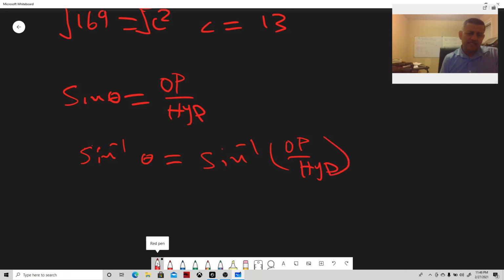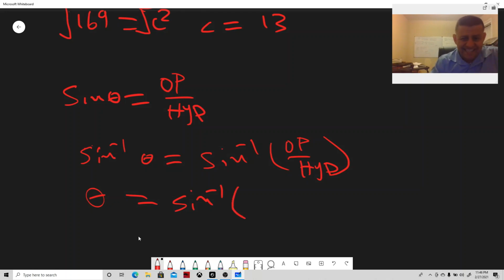This is equal to theta. When I take the inverse, this disappears here. So I am getting theta equal to inverse sine of opposite over the hypotenuse.